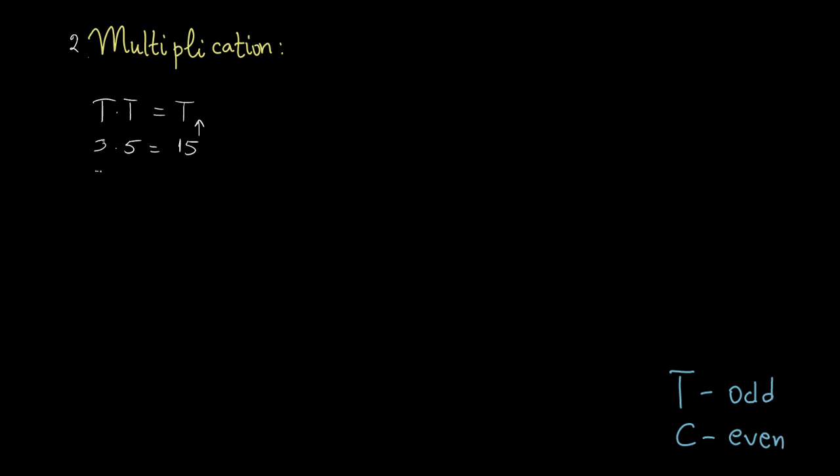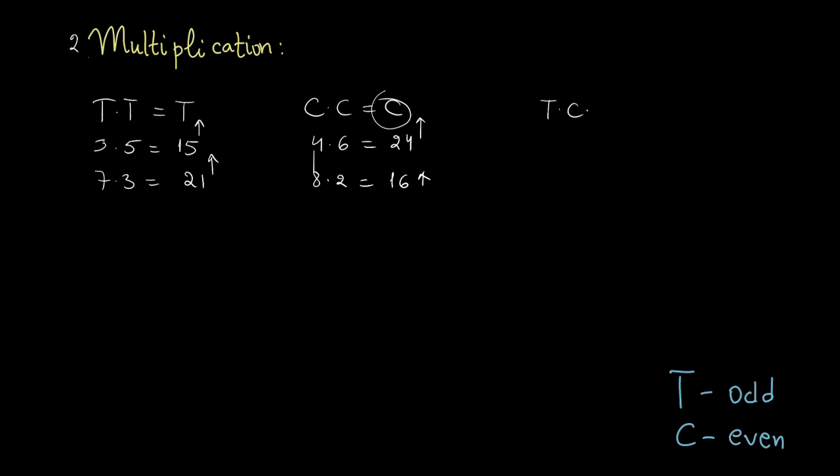Or if we multiply 7 by 3, we get 21, which is also an odd number. Similarly, when we multiply two even numbers, the result will always be an even number. If we multiply 4 by 6, the answer will be 24, an even number. If we multiply 8 by 2, we get 16, which is also an even number.